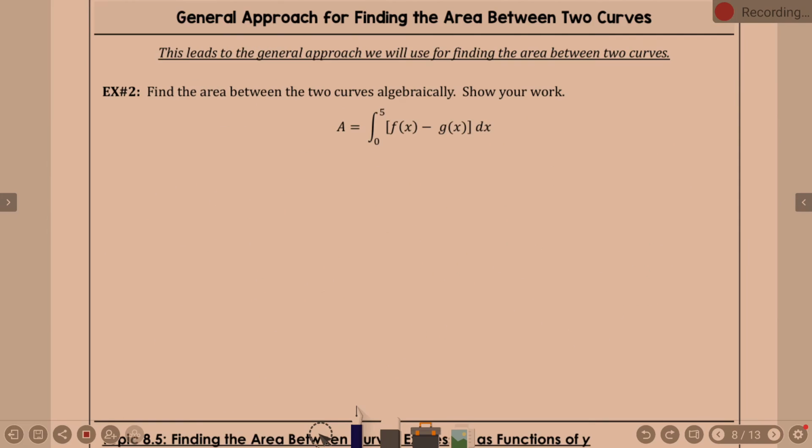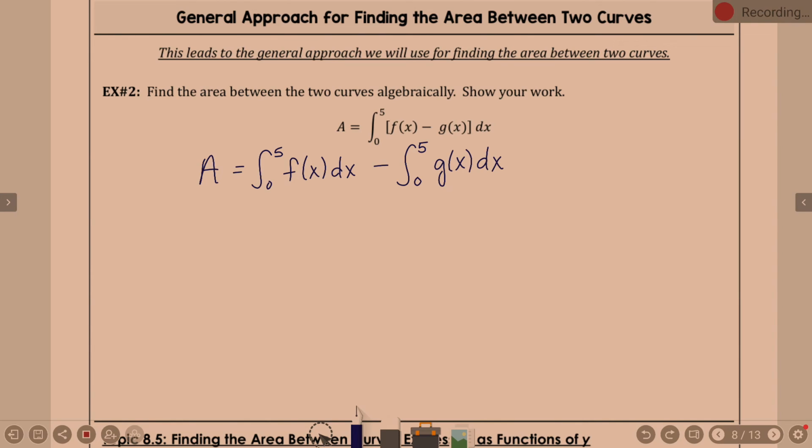So, in order to find the area, one thing to think about, first of all, remember your integral rules, that subtraction within an integral can be broken up to be two separate integrals being subtracted. So I can say the integral from 0 to 5 of f of x dx minus the integral from 0 to 5 of g of x dx.